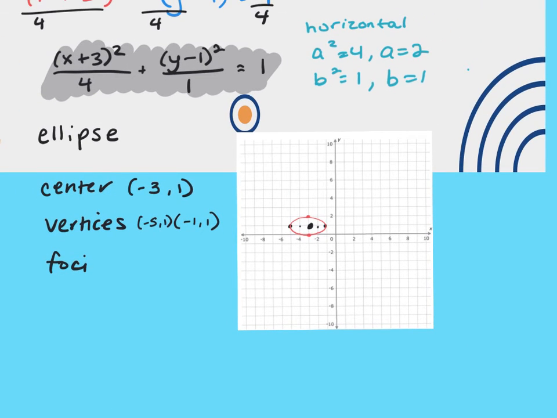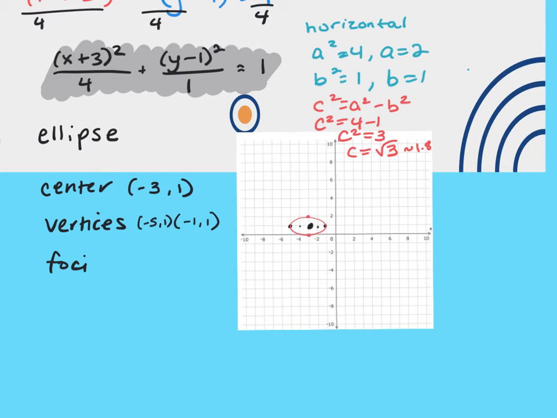And then the last thing I have to find is C. And remember, with an ellipse, C squared equals A squared minus B squared. So C squared equals 4 minus 1. C squared equals 3, so c equals the square root of 3. We're going to say that's like a 1.7, 1.8.